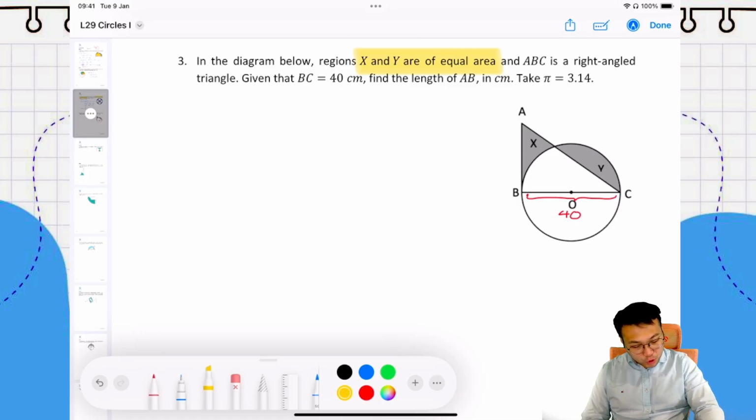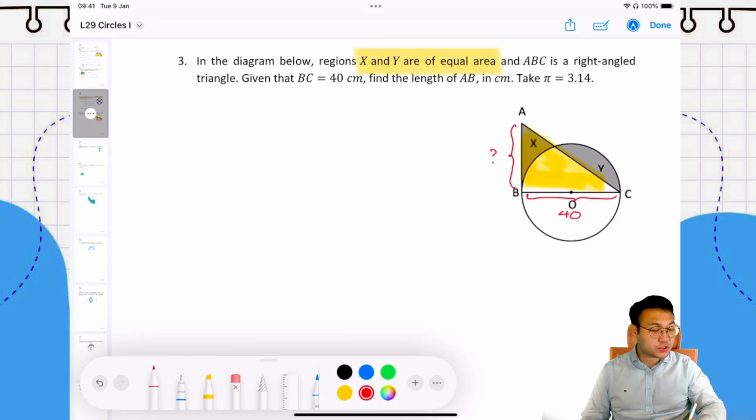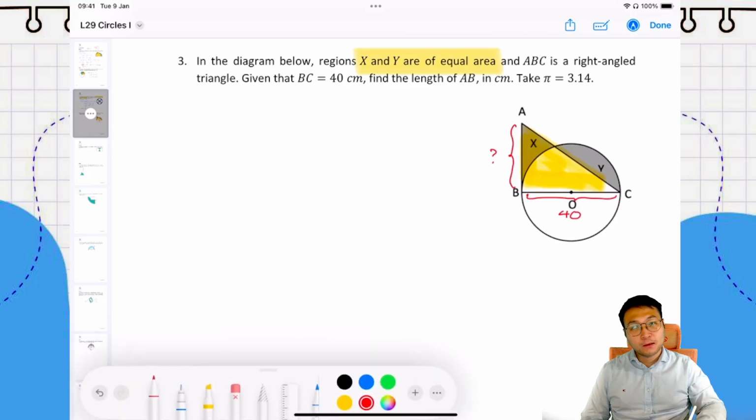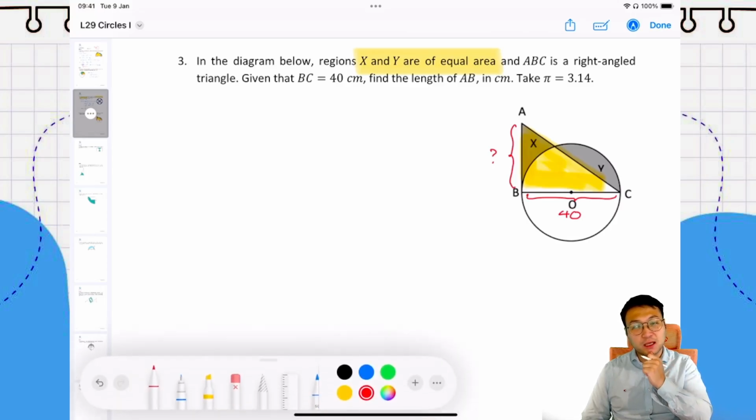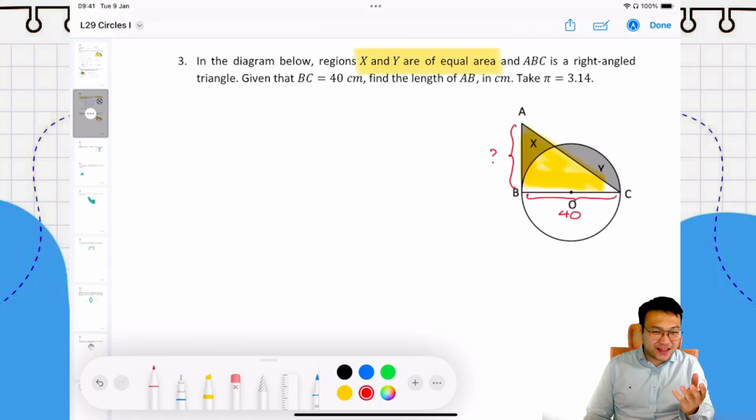If you know the area of the triangle, don't you think that you'll be able to find the length of AB, which is actually the height of the triangle? So students, your mission here is to find the area of this triangle first. Then you can find the height of that triangle. So why don't I give you 2 minutes to try it out? Your time starts now.